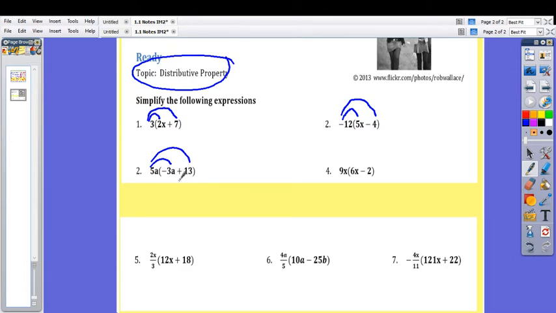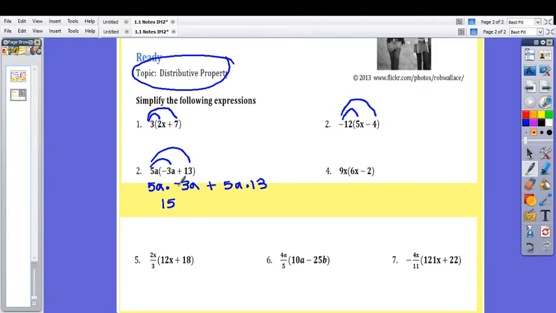If we do distributive property with this one, then we will be getting 5a times negative 3a plus, again, you will do 5a times 13. So you multiply 5a to both of them. So then you will be getting 5 times 3, 15.